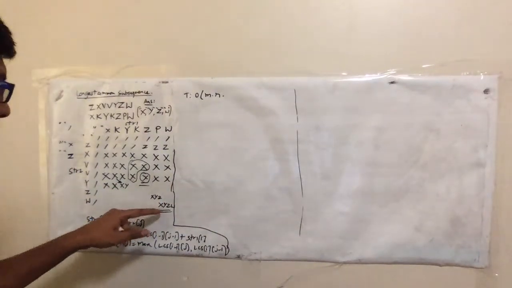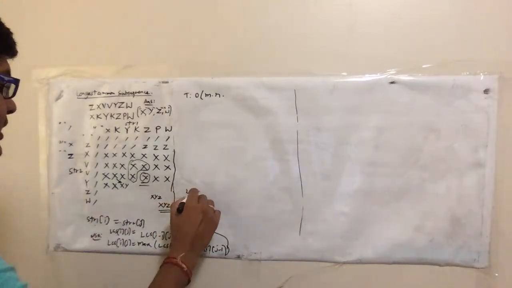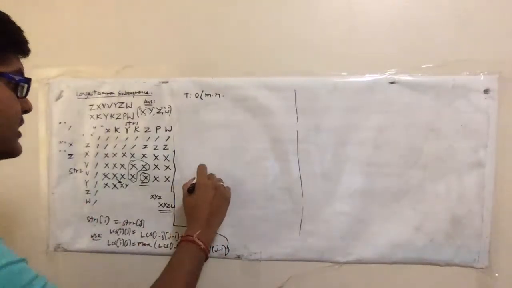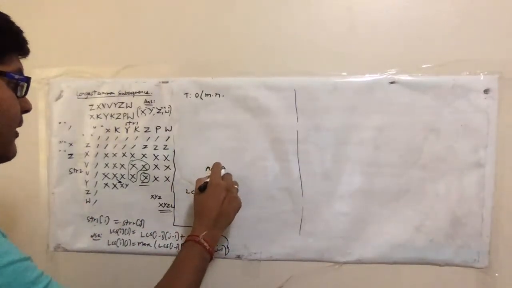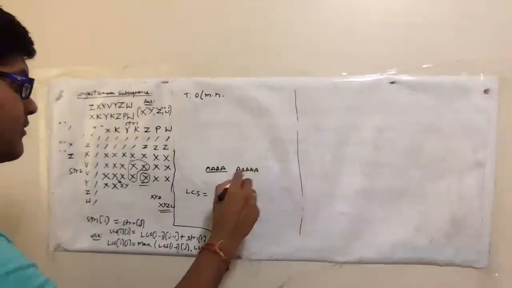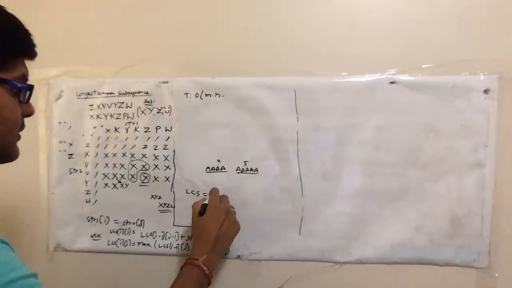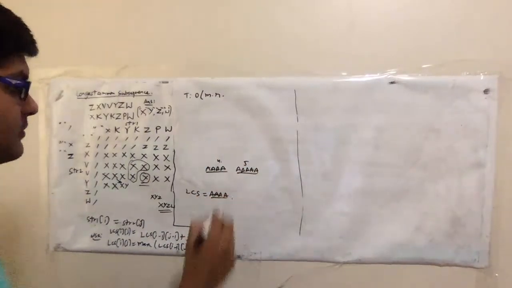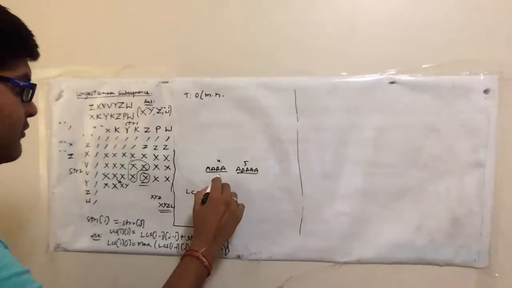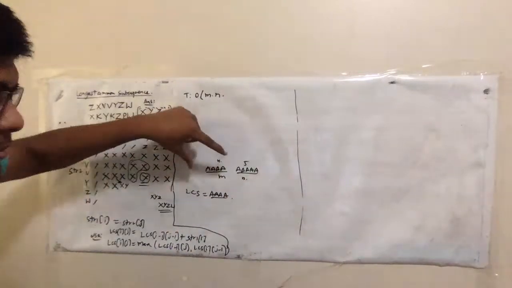So what is happening? XYZW, what is this? This is the LCS, the longest common subsequence. In the worst case, if the strings are like this, 4 A's and 5 A's, what would be the common string? 4 A's, right? So if this is m and this is n, we are taking the minimum between these two.